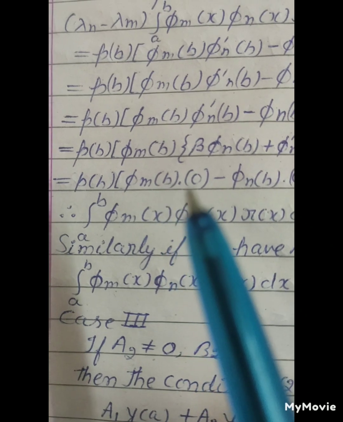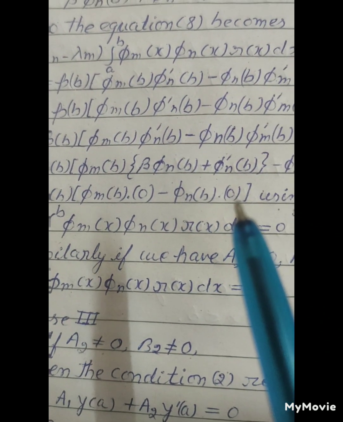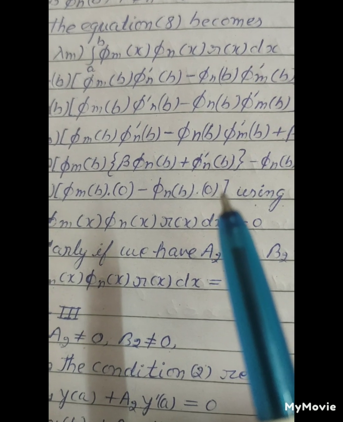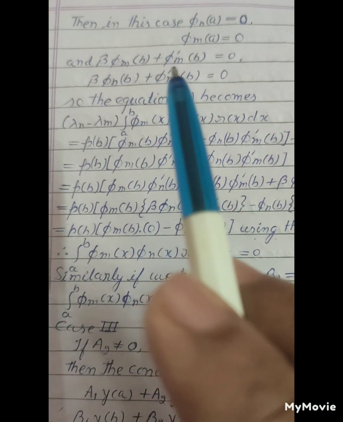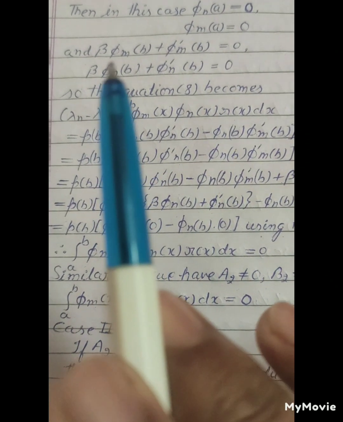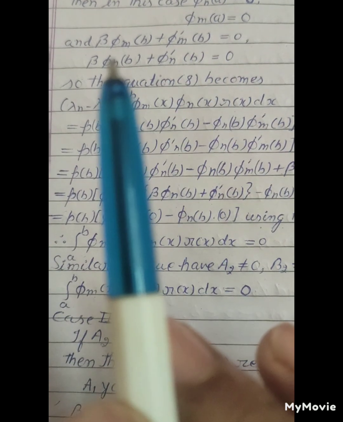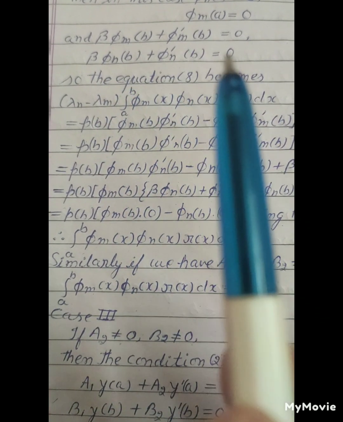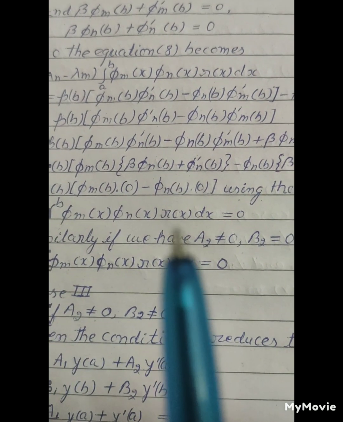into φm(b) into 0 and φn(b) into 0, using the conditions. As we know the condition, β φm(b) plus φm'(b) equals 0 and β φn(b) plus φn'(b) equals 0.